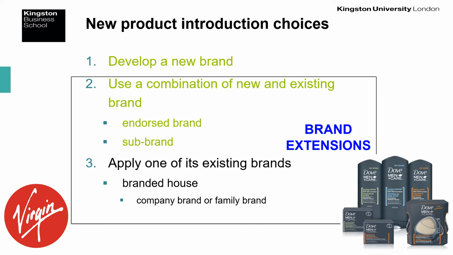We may extend our company brand name, as Virgin have done, to Virgin Trains, Virgin Money, Virgin Active, Virgin Media, Virgin Mobile, or we may use a family brand, as Unilever have done with Dove Men's Care. And you can see here the portfolio of products that now carry that brand name. So both of these are examples of brand extensions within the world of the branded house.